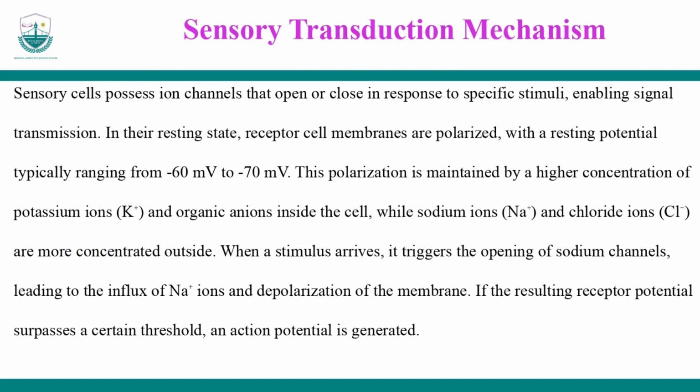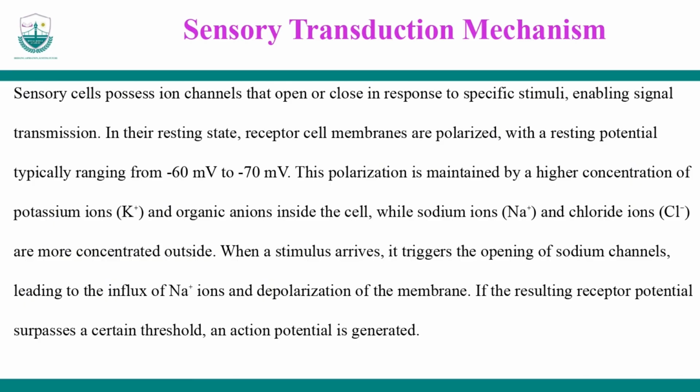Okay, now what we need to know is what happens when an impulse comes. When you have the inside being negative and the outside being positive, that is the resting membrane potential. We can actually call that the polarized state. The cell membranes of these receptors are actually polarized.